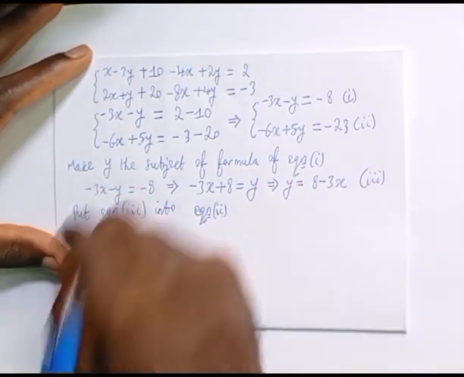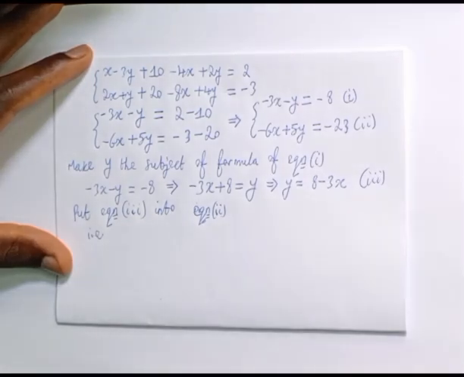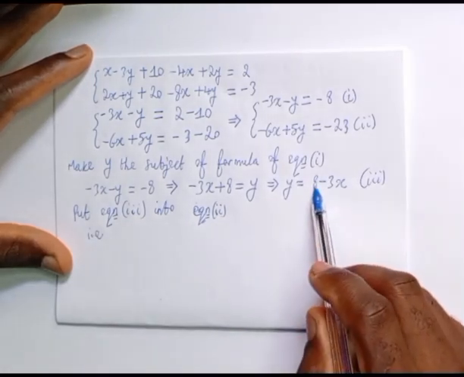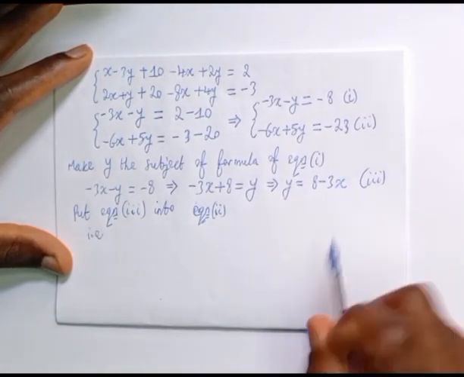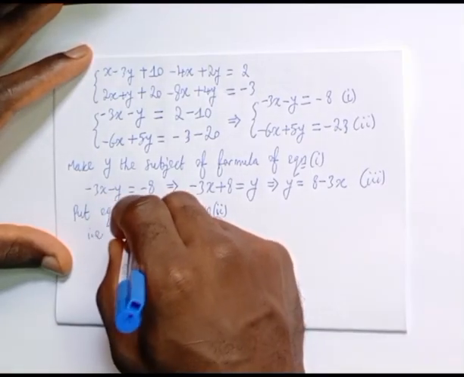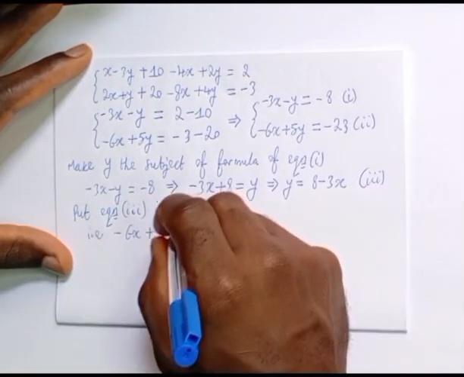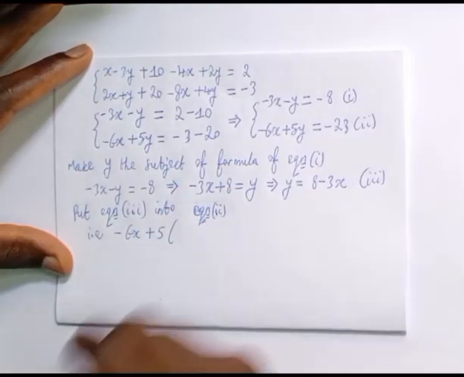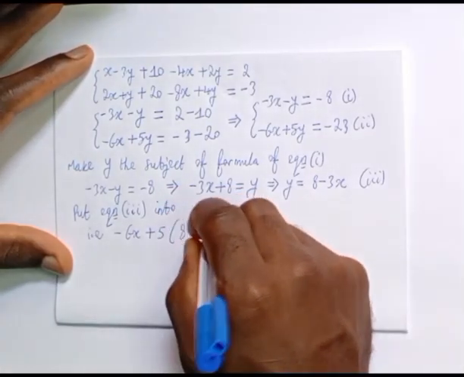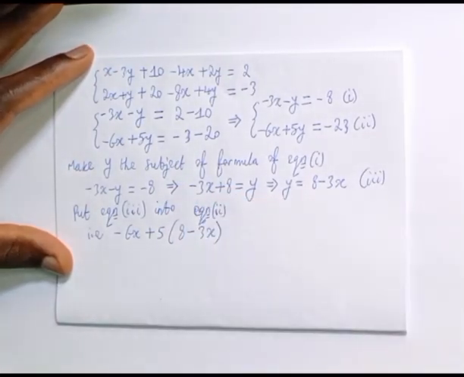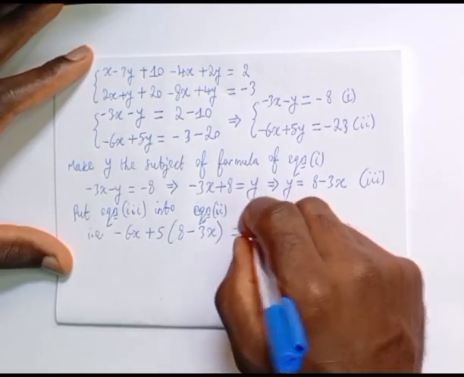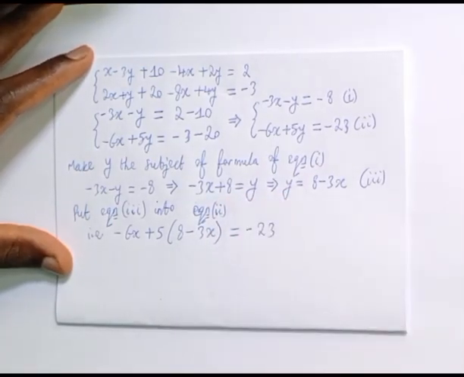That means in equation 2I, anywhere we see y, we have to replace y with 8 minus 3x. This will give us negative 6x plus 5 times 8 minus 3x is equal to negative 23.